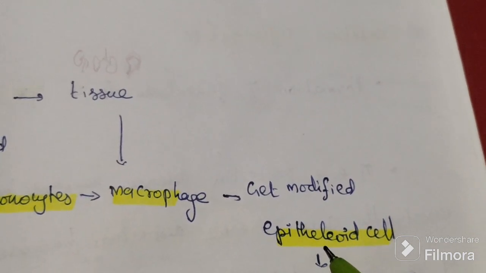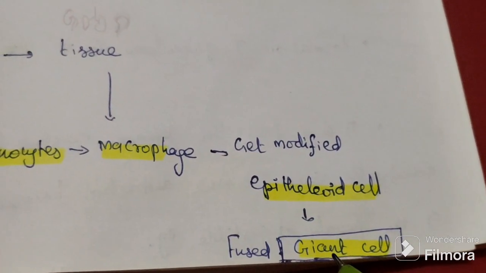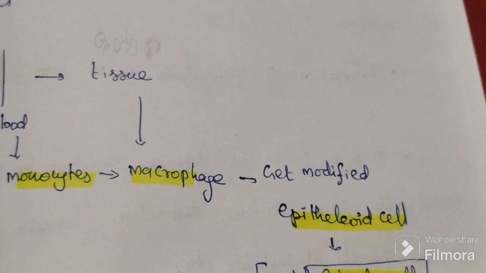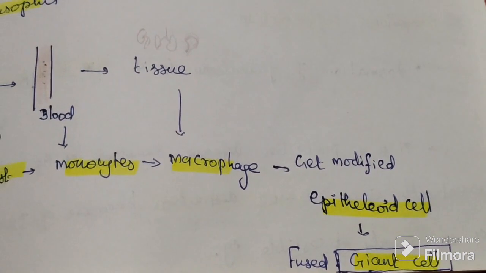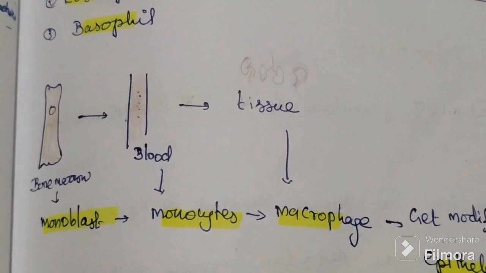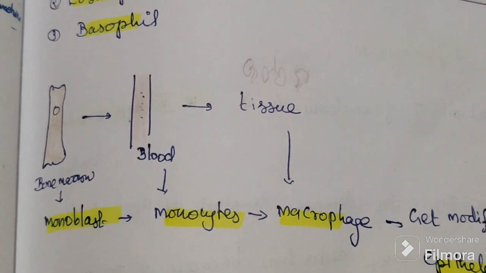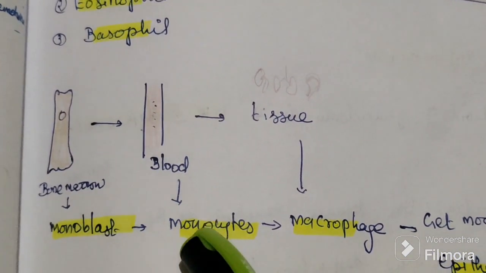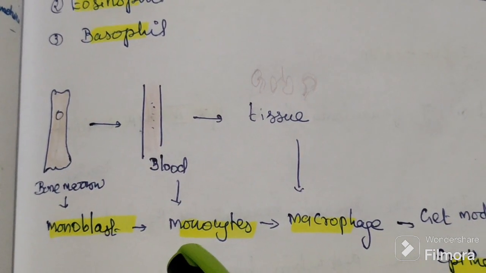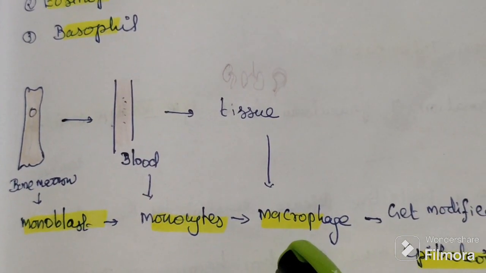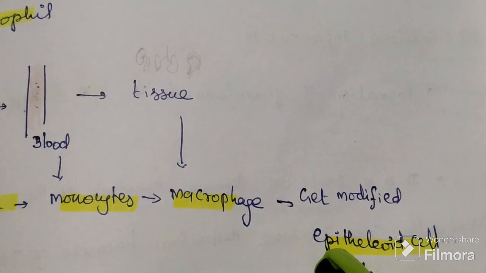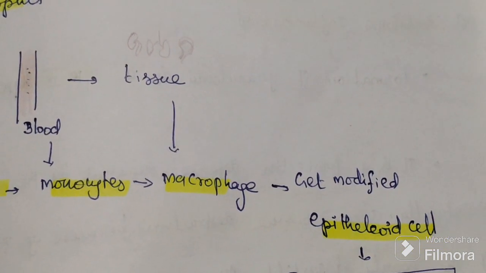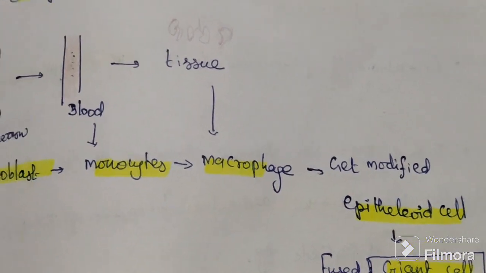Some epithelioid cells fuse and form giant cells. This is the sequence of formation: monoblast gives rise to monocytes, monocytes give rise to macrophages, macrophages convert into epithelioid cells, and epithelioid cells fuse with each other to form giant cells.